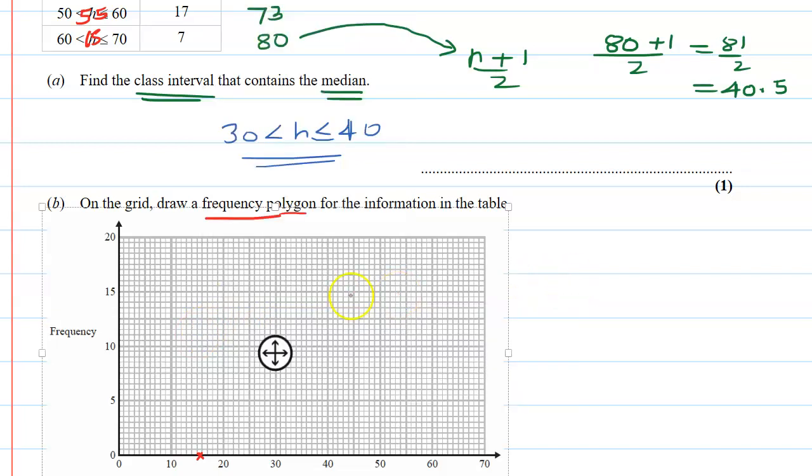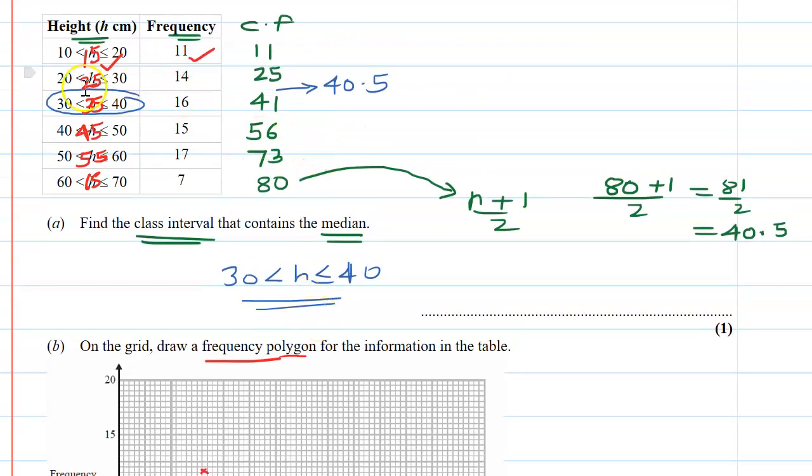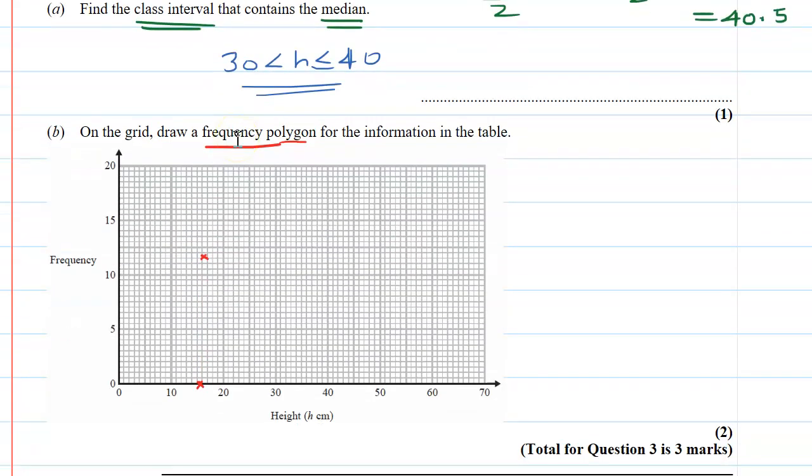So let's do it like this. Now the next number, if we see here, is 25 and 14. So the next number is this one, 25 and 14. So let me scroll down and write down 25 and 14. So this is 25, and 14 will be here.